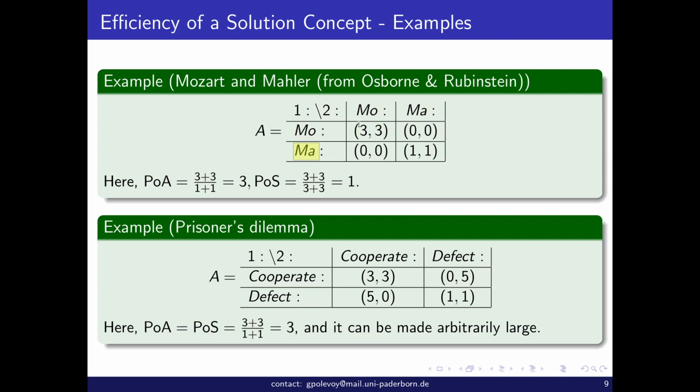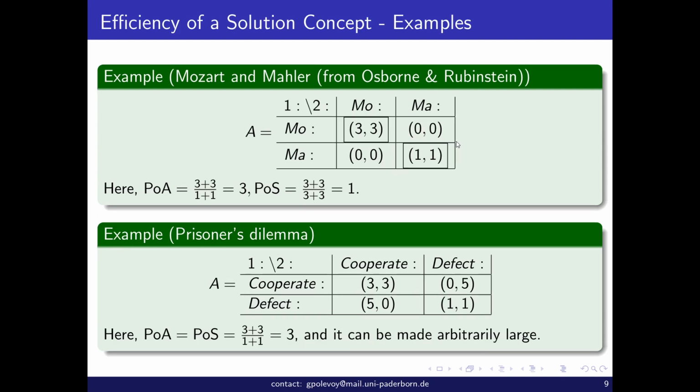They both prefer Mozart, so they are in a way of the same taste. If they go to Mozart, they both derive 3, while if they go to Mahler's concert, they both derive 1, and they definitely want to be with one another. So they derive 0 if they go to separate places.